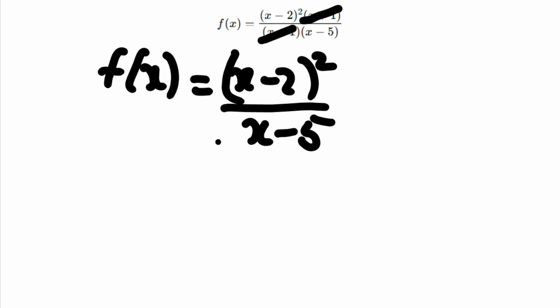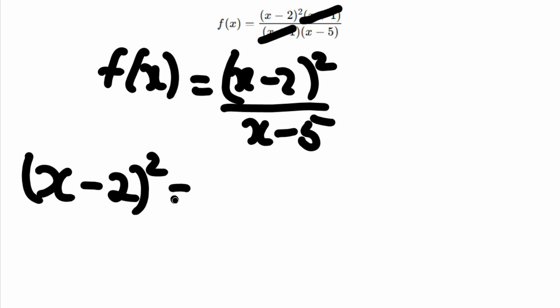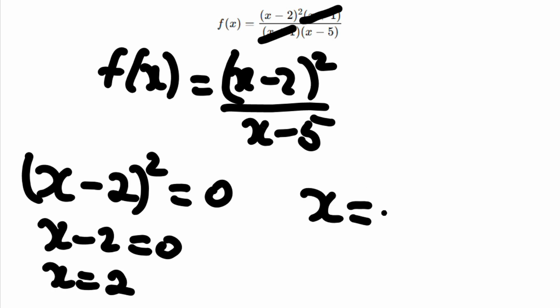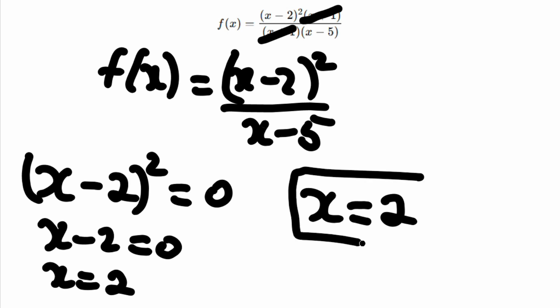We now take the numerator and equate it to 0, so it becomes s minus 2 all squared equal to 0. So you have s minus 2 equals 0, so s equals 2. So the answer is s equals 2. This is the zero for this particular function as well.